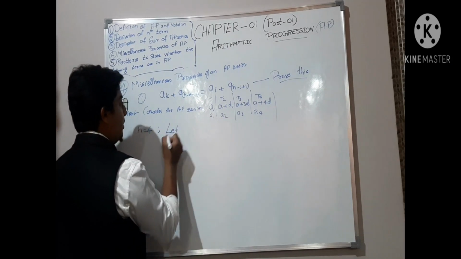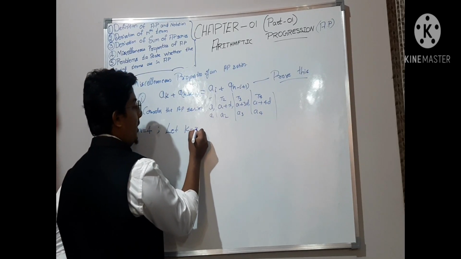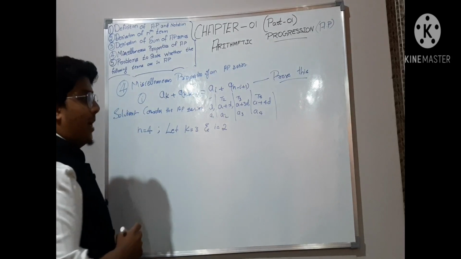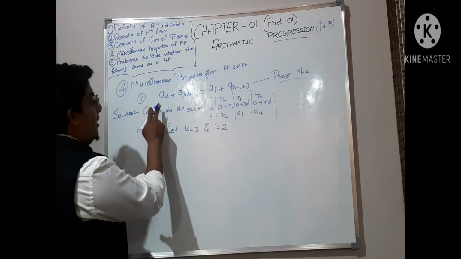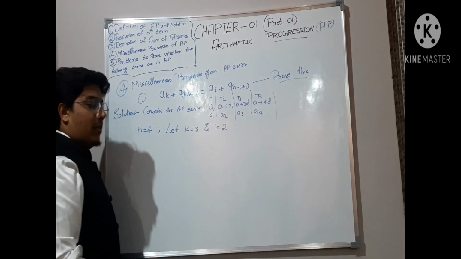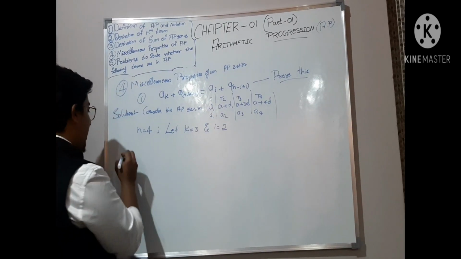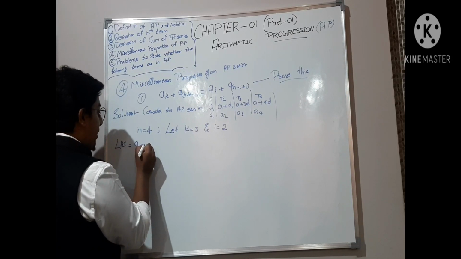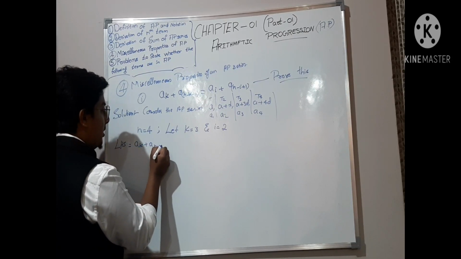Let k is equal to 3 and i is equal to 2. In this definition, k is the kth term and i is the ith term of the arithmetic progression series. So the left-hand side is a_k plus a_(n minus k plus 1).